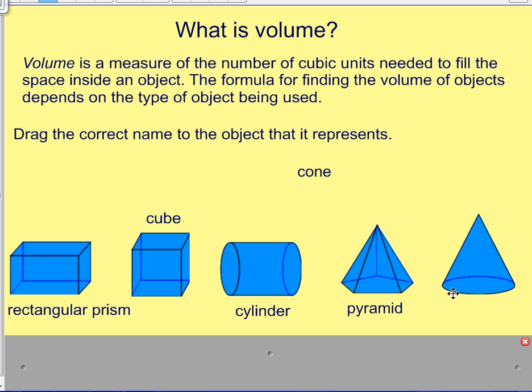All right, and then the last one we know is going to be a cone. It looks exactly like an ice cream cone. It has a circle for a base, and then it goes up to one vertex or a point at the very top. All right, so now that we've reviewed our 3D shapes and we've gone over what exactly is volume, we're going to dive right in and do some examples.